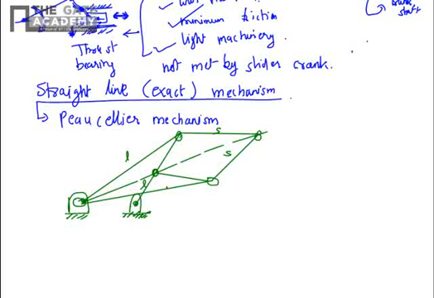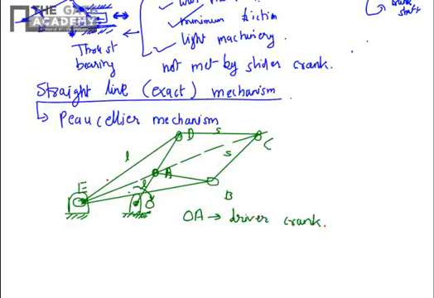I'll give some names to these points, the kinematic pairs. Link OA, maybe this is B, C, D, E. So like this, I'll name the points. Here this link OA is the driver crank.